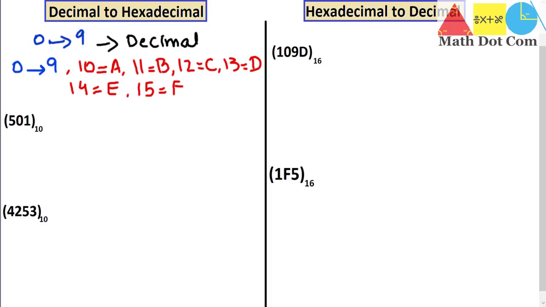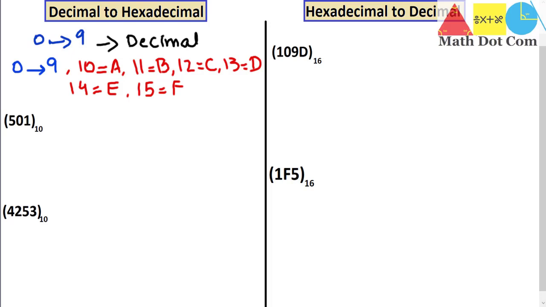So decimal is from 0 to 9, and after that we have the replacements with alphabets in hexadecimal. After 15, if you come across 16, then you have to convert it into hexadecimal using a method.